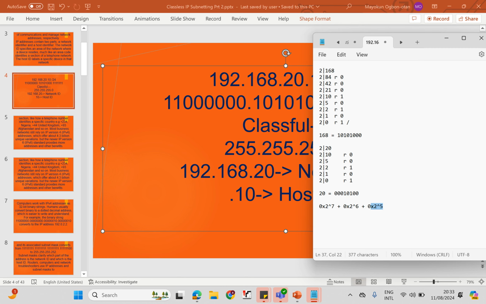So we already know that anything multiplied by 0 is already 0.